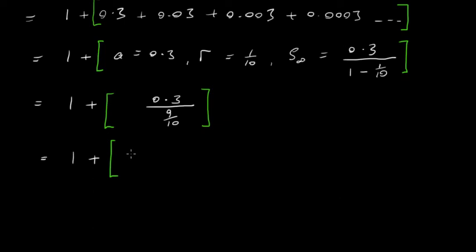We've got a fraction on the bottom. So this will give us 0.3 times 10 divided by 9. So that will give me 1 plus 0.3 times 10 is just 3 over 9.